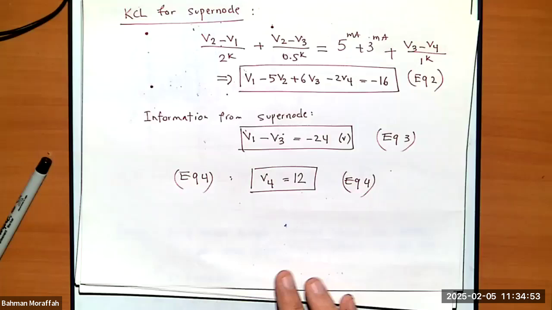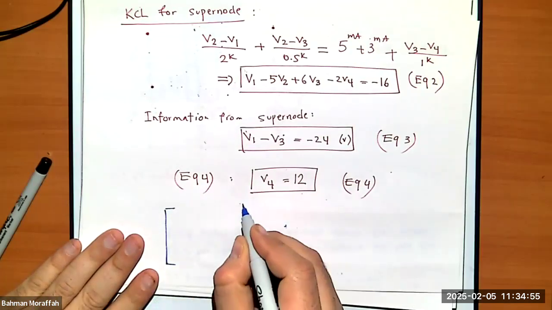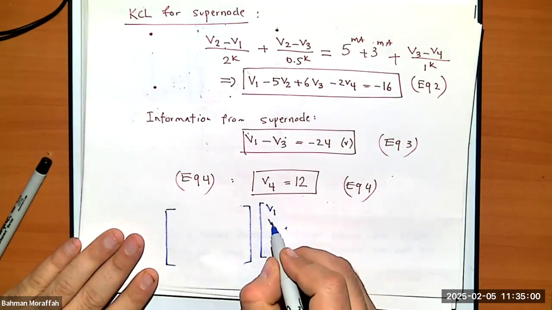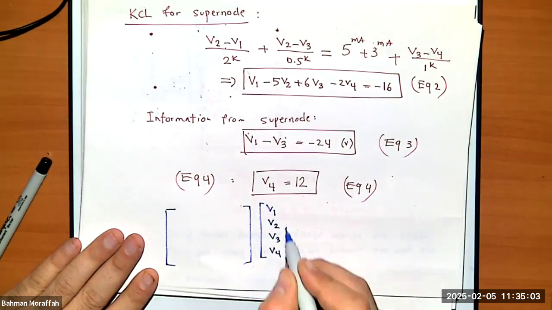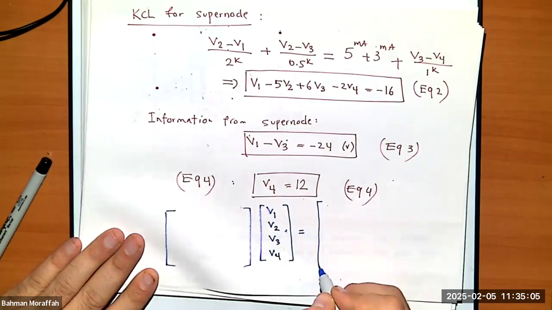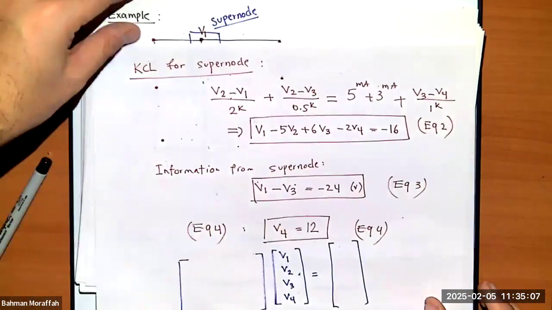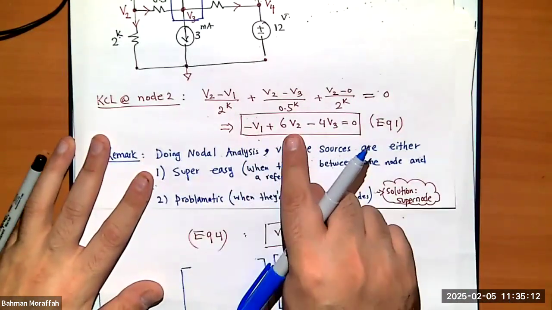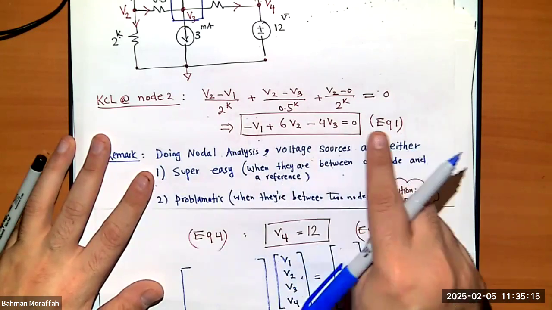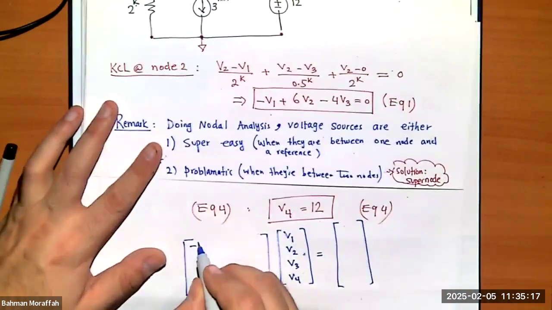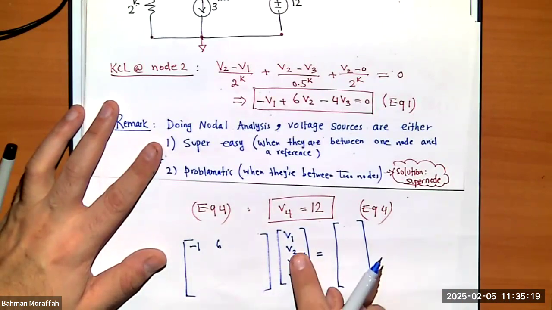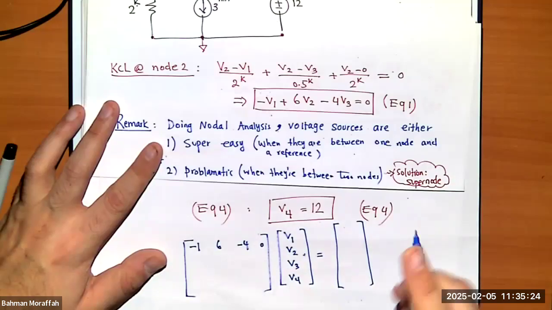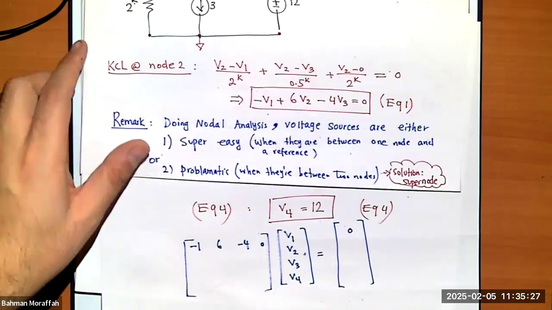Let's do it quickly. I have my coefficient matrix times my unknown voltages, and that should equal a constant vector. Looking at the first equation, that tells me minus V1 plus 6V2 minus 4V3 plus 0 times V4, which should be 0. So it is minus 1, 6, minus 4, 0.